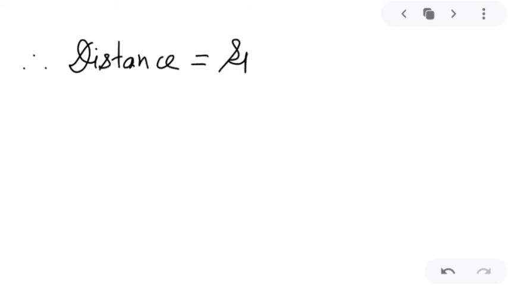Distance equals speed into time. So this is the distance covered by the object. Let us put the values.